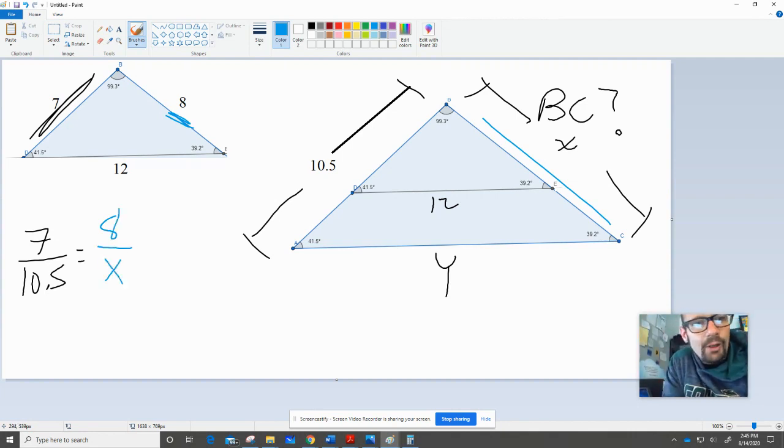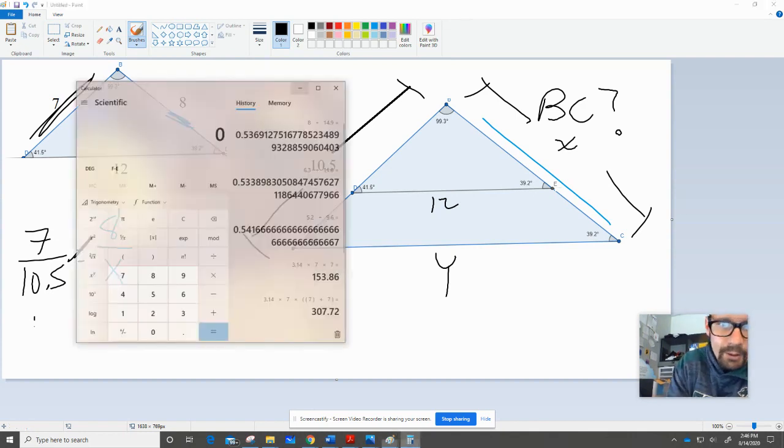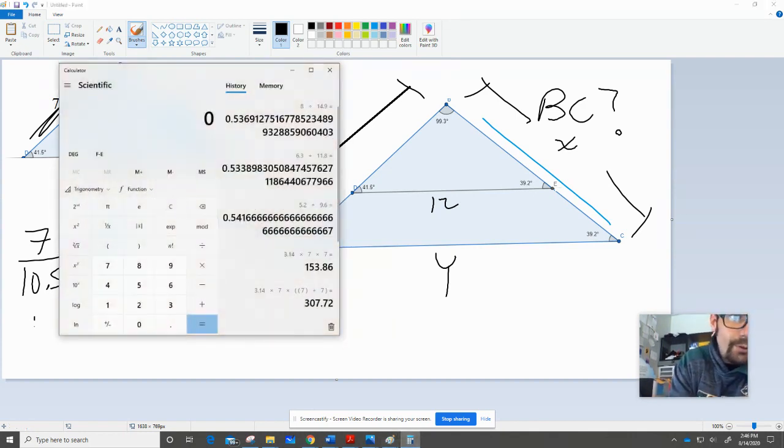And how do we solve proportions, ladies and gentlemen? Well, we cross multiply and divide it out. So if we have 10.5 times 8, let's see what that is. I don't really know off the top of my head.